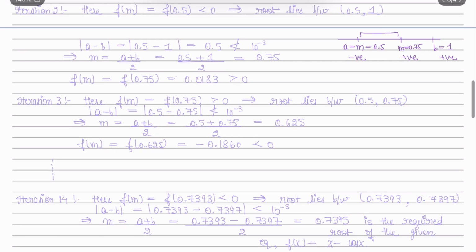So for the next iteration, the value of a will remain the same but the value of b will update as 0.75. The function value at a is negative and the function value at b is positive. After finding the midpoint, we have noticed the value is negative here, so the root will lie between m and b.